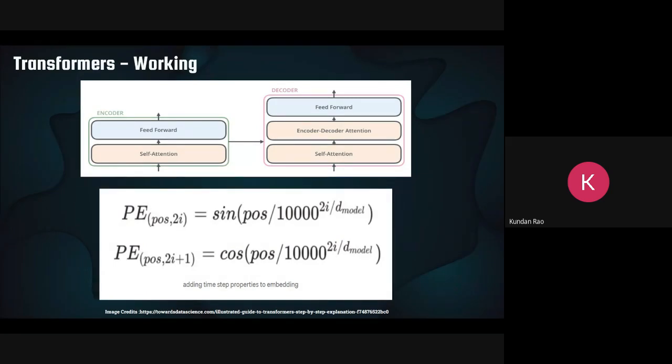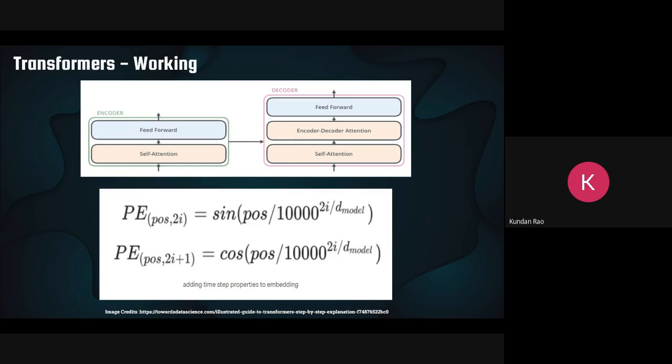Now, unlike RNNs, transformers do not have the inherent ability to understand the order of the given input sequence due to their attention mechanism. We'll get to what the attention mechanism is in a short while. So basically, the positional embedding is used to provide the model with information about the position of words in the input sequence.